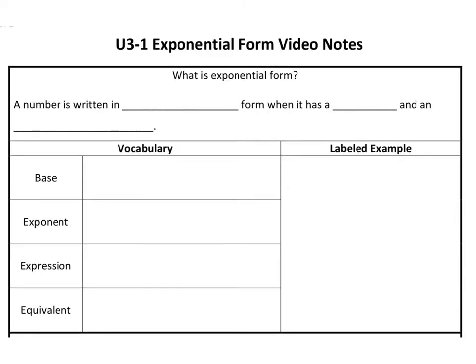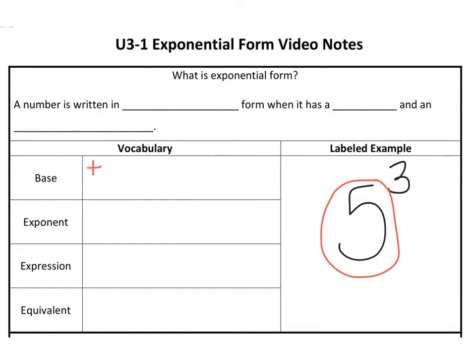Okay, we're going to use the example that I used on the first page. We're going to use a 5 and a 3. The base, which is this number right here that I've circled, the base is the number being multiplied. So that's the big number. So it's the number that we are going to factor, or that we're going to multiply.